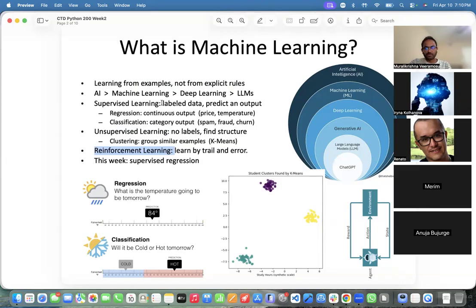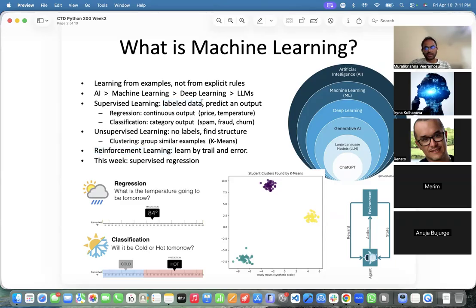Let's say we have to train a model on housing data. Let's say the data set we have is square feet, the size of the house, and the price. In this example, square feet is an input feature, and price is an output feature, right? We are giving input and output to the model. So that is basically called labeled data.